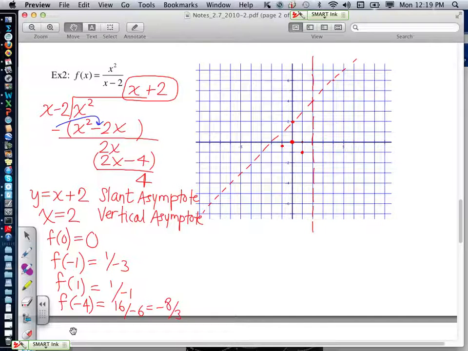That's the same as negative 2 2/3. So 1, 2, 3, 4, negative 2 2/3 is about right here. And now that graph is really starting to take shape. So connect these dots with a nice smooth curve, a curve that is heading towards the asymptotes. Okay. Any question about that?